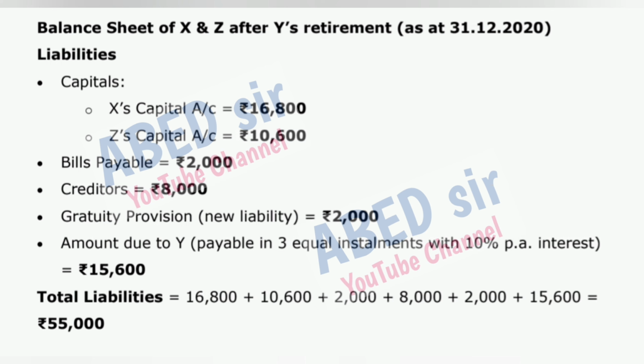Gratuity provision, new liability, is equal to 2,000 rupees. Amount due to Y, payable in 3 equal installments with 10% PA interest, is equal to 15,600 rupees. Total liabilities is equal to 16,800 plus 10,600 plus 2,000 plus 8,000 plus 2,000 plus 15,600 is equal to 55,000 rupees.